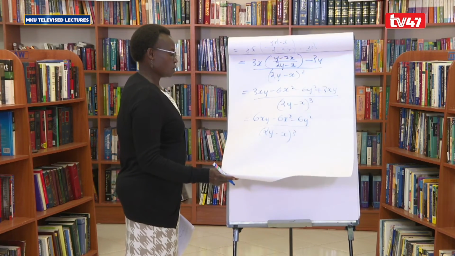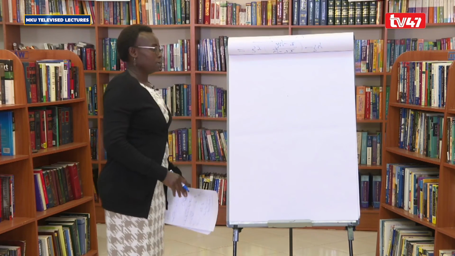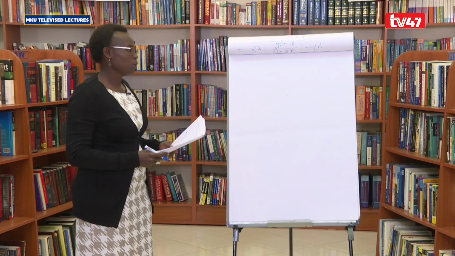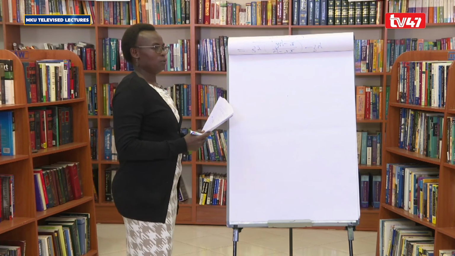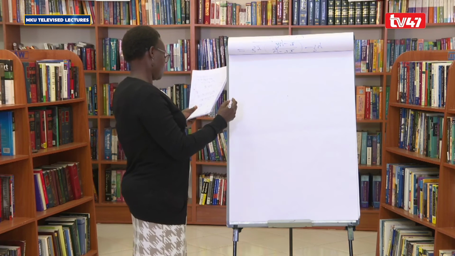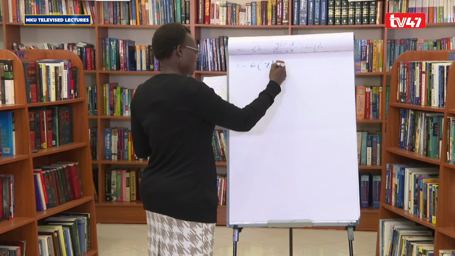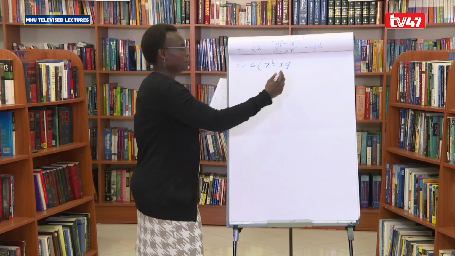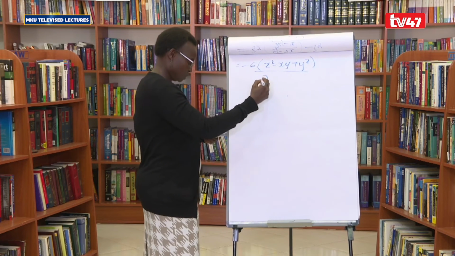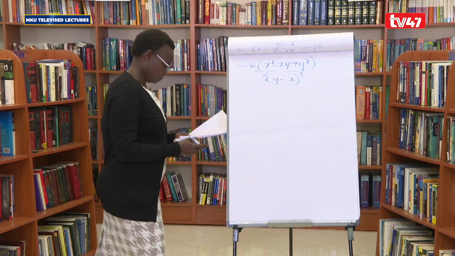Then we factor out what needs to be factored out. Of course, our interest is to see if we can come up with the original function, which is equated to 9, so that we can replace that. So this will give us negative 6 into x squared minus xy plus y squared over 2y minus x cubed.